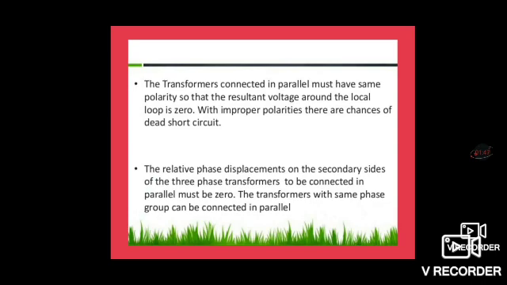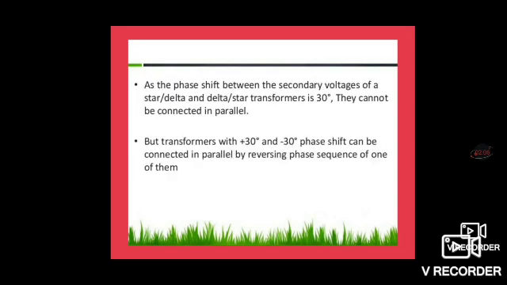The relative phase displacement on the secondary sides of the three-phase transformers to be connected in parallel must be 0. The transformers with the same phase group can be connected in parallel.